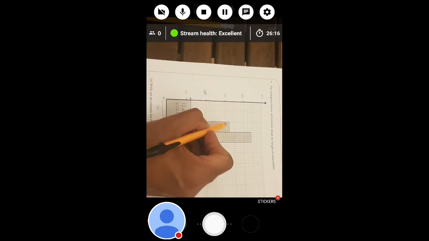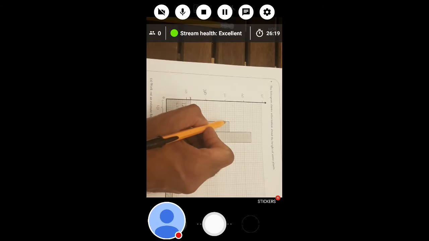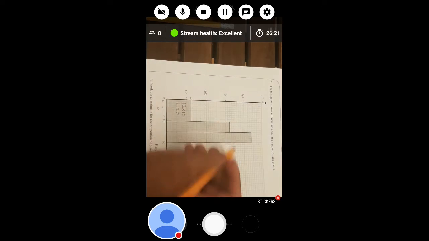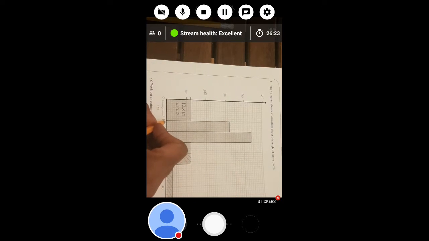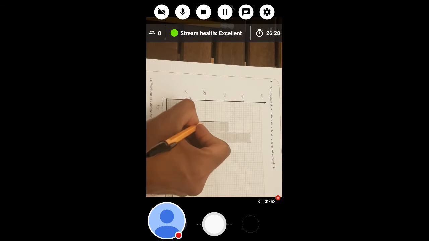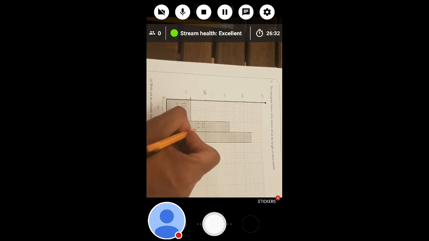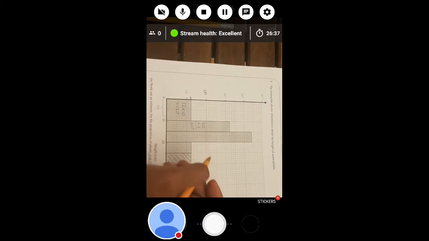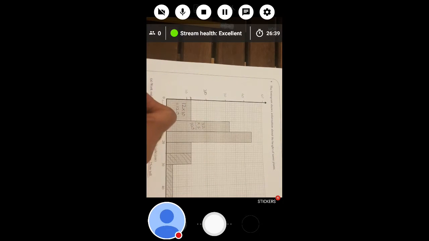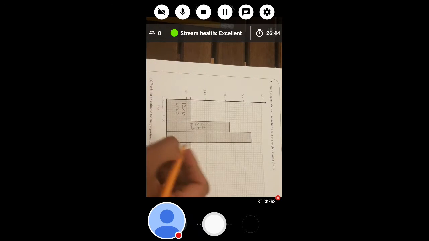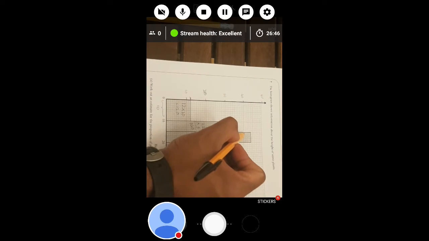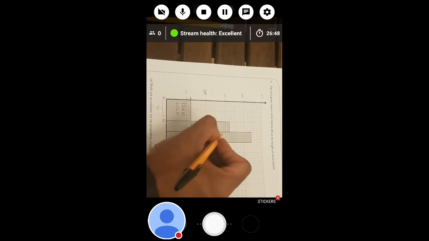Okay, now the area of this is what, 32 times 5, which is equal to, I can even multiply like this, 10, 15, 60, 160 units. Yeah, so I've got 120, 160.